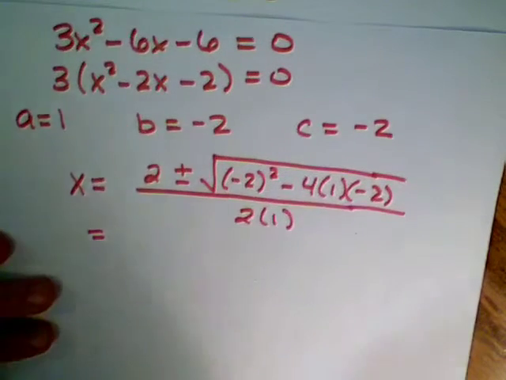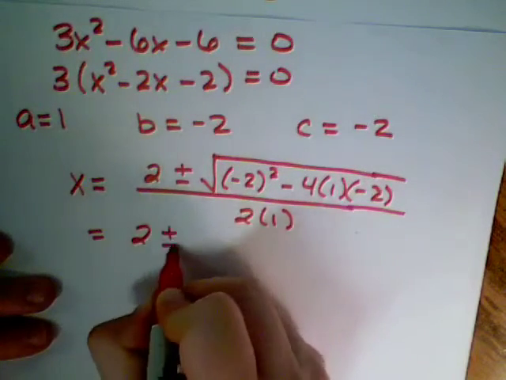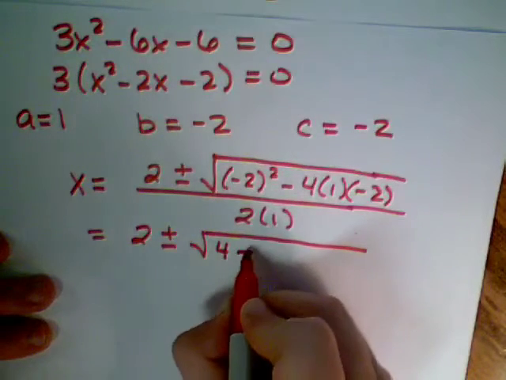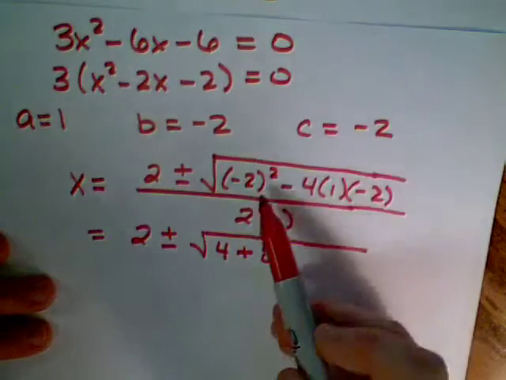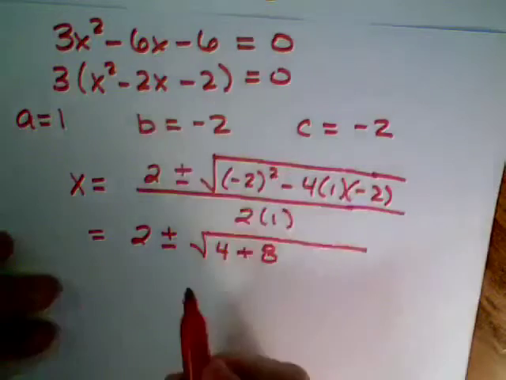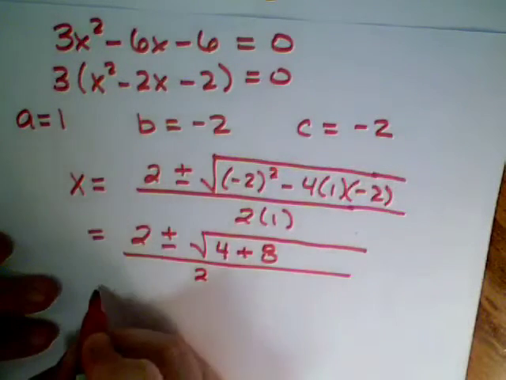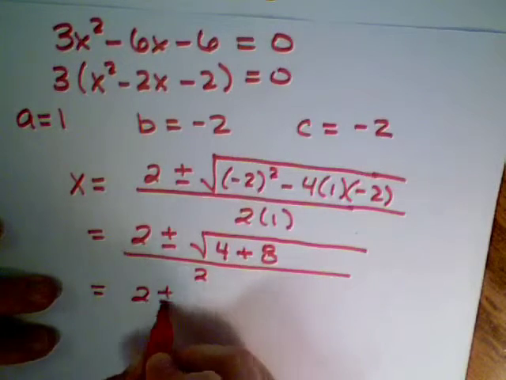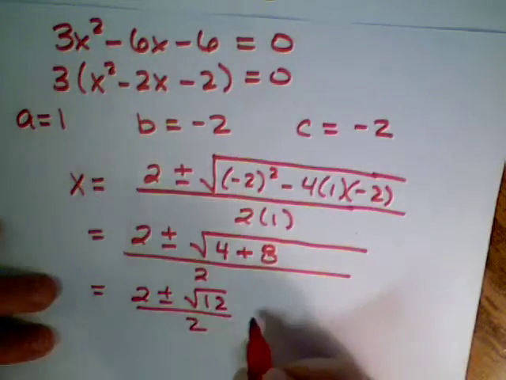If you want to pause here and simplify it yourself and then check your answer, that wouldn't be bad. Checking, I think I get 4 plus 8 all over 2. Okay, 2 plus or minus square root of 12 over 2.